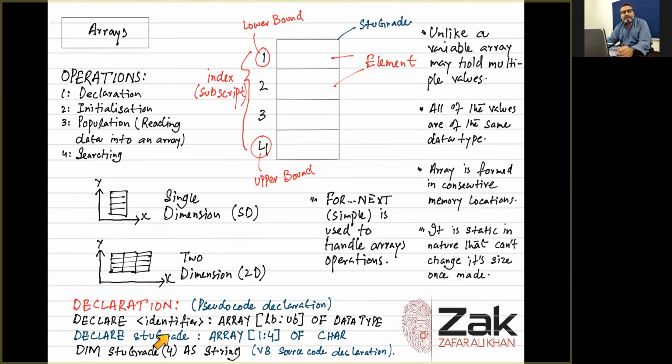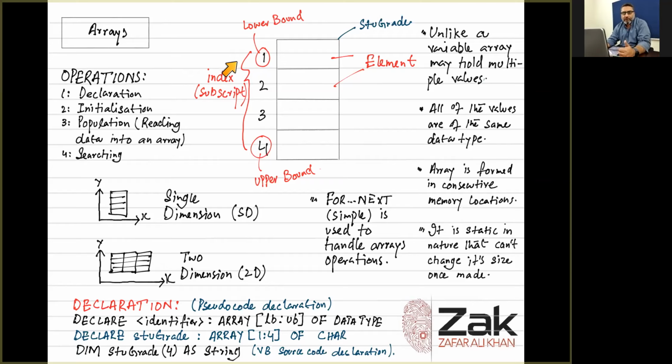The thing is, in Visual Basic, whenever the array is created, it is created from 0 and onwards, means the lowest index or the lower bound is always 0, but we make use of 1 first and we leave the 0th index.